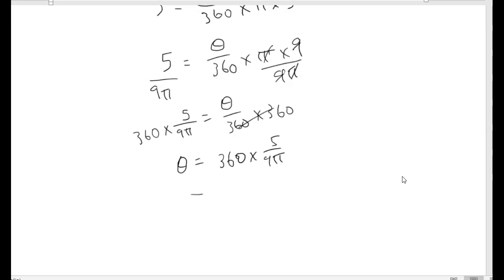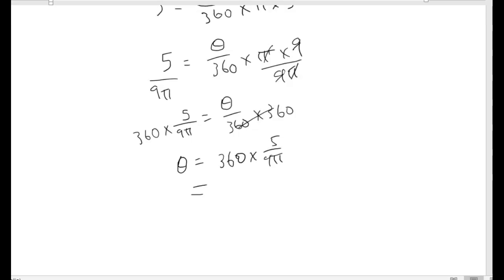So just be careful on your calculator that you do type it in correctly. I suggest putting brackets around this, oops, actually not that. Let me just delete it for a sec. I just deleted a bit of the pi. Can I have you back? Okay, sorry.